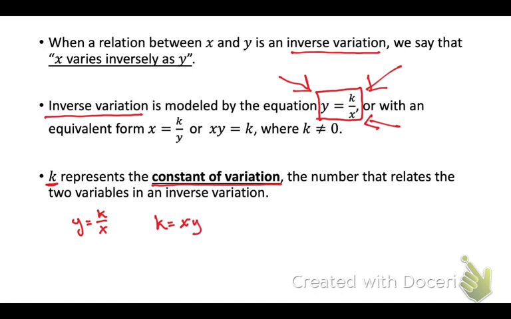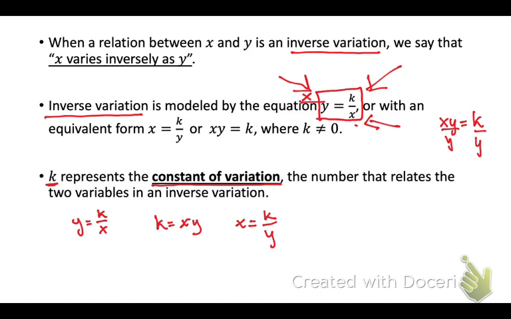What would x equal? It would be k over y. Why? Because you would multiply by x on both sides to get xy equals k, and then you would divide by y. So x equals k over y. Does that make sense?